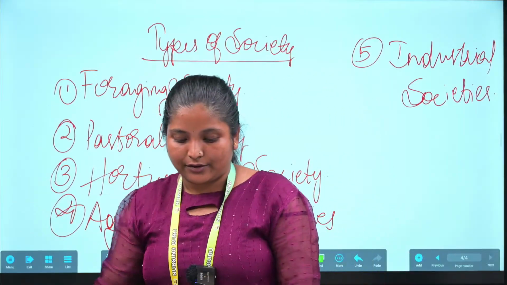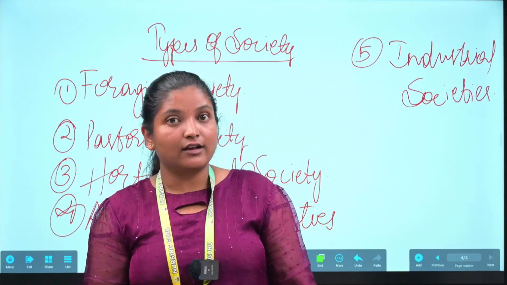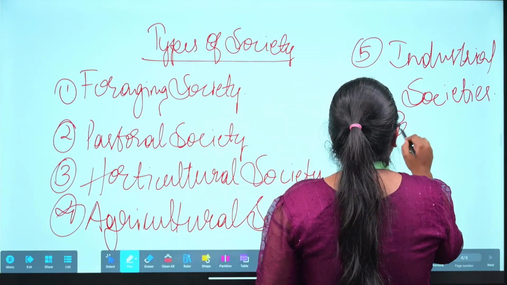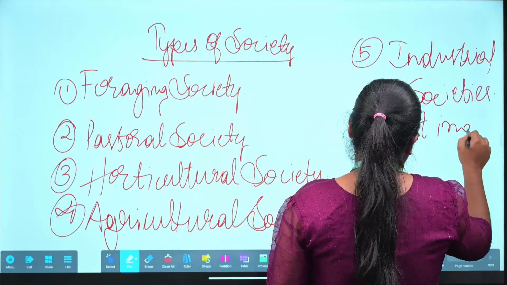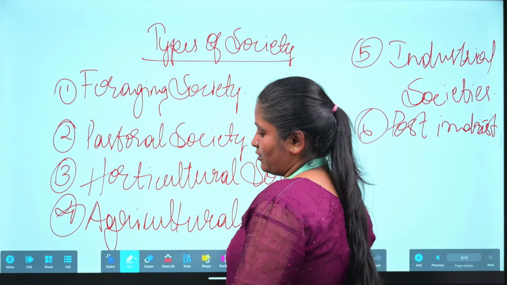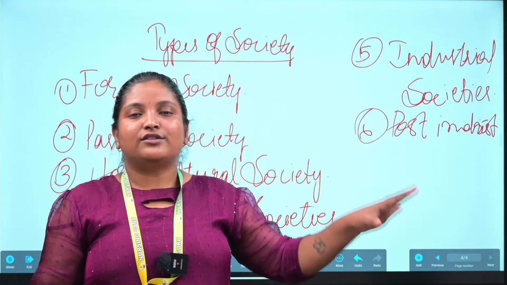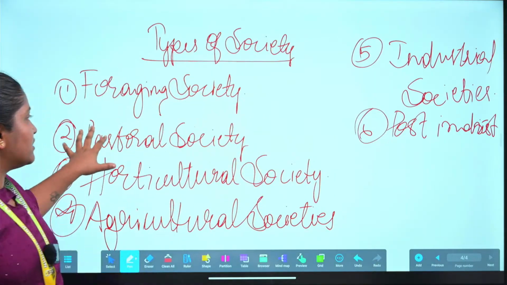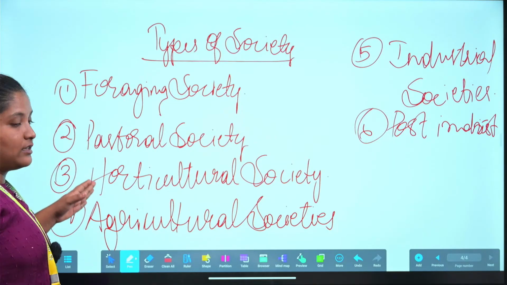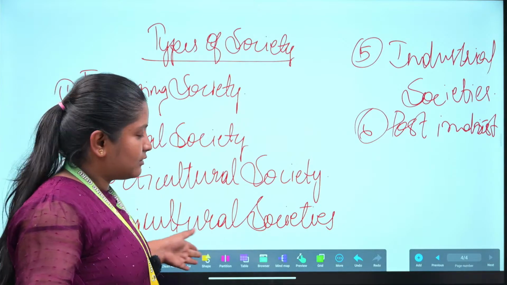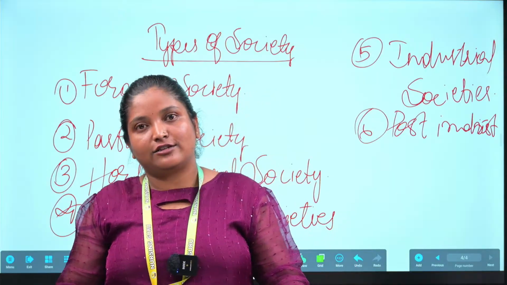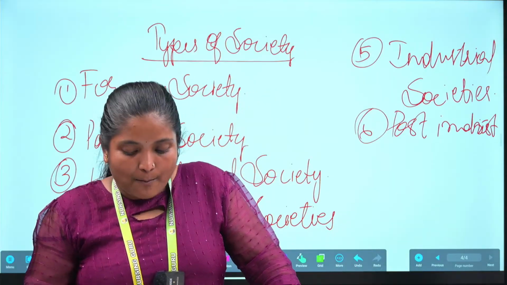The next one we have is post-industrial societies. So the sixth one is post-industrial. I will write in a short form. Okay, understood. First one is foraging society, second is pastoral society, the third is horticultural society, the fourth is agriculture, the fifth is industrial, and the sixth is post-industrial society.